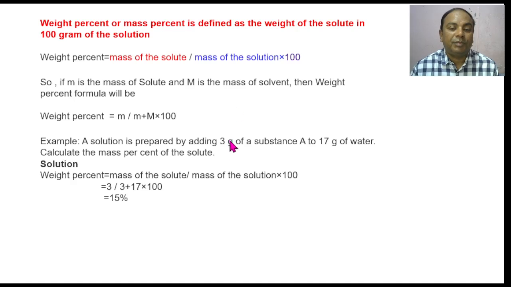In this stream, you can easily determine the mass fraction of one of the constituents. Similarly, if you want to convert this mass fraction into weight percent, you just multiply it by 100. Then what you get is the weight percent or mass percent.